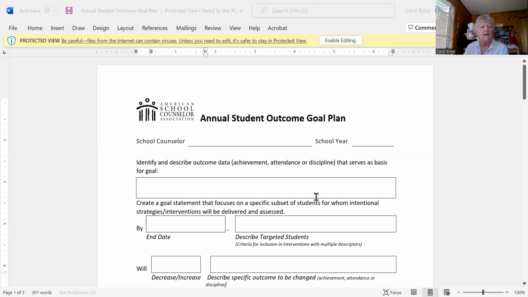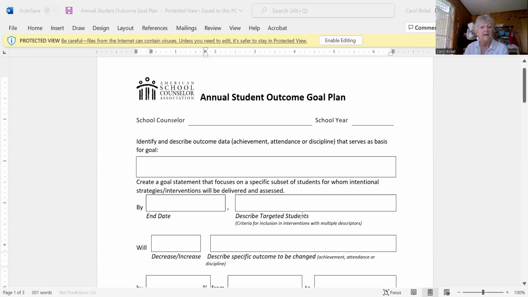So you're going to create a goal statement that focuses on a specific subset of students for whom intentional strategies and interventions will be delivered. Well, you might want to do those 93. And you could say by maybe the end of first semester, maybe the end of the year. By May 2023, 93 9th grade students will either increase or decrease.